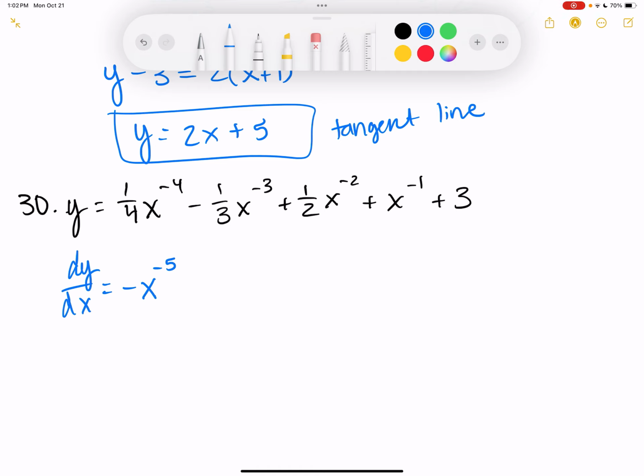Makes sense. Plus x to the -4 minus x to the -3 minus x to the -2.